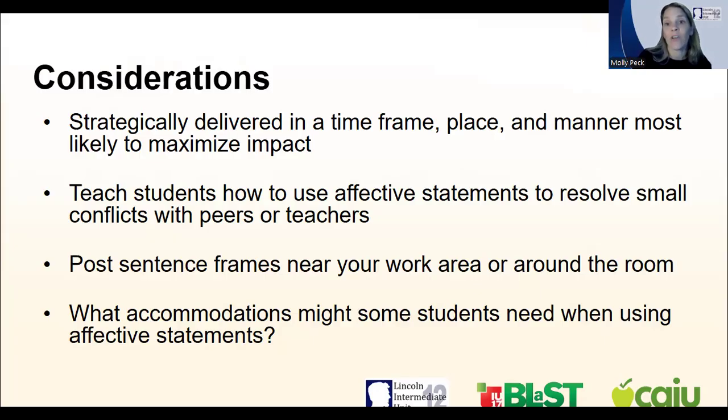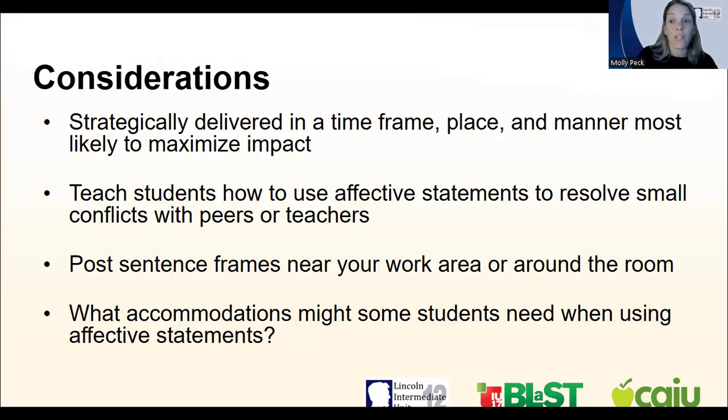Because the idea here is that we are sharing how that action made us feel so that we can limit it from happening in the future. We also want to consider our tone, right? So you've heard me say that non-accusatory tone. We do not want to place blame or put somebody in that shame factor or affect.